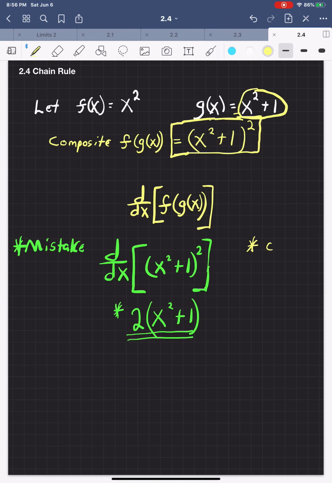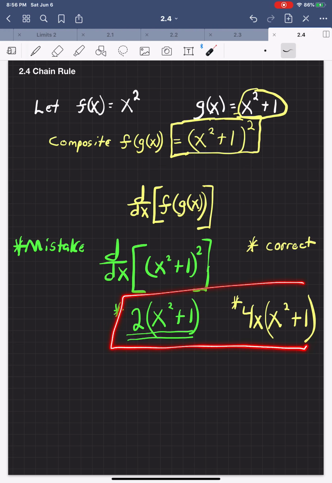So here is the correct derivative: 4x times x squared plus 1. And do me a favor, let's just stare at these two for a second. Can you agree that they're pretty close?